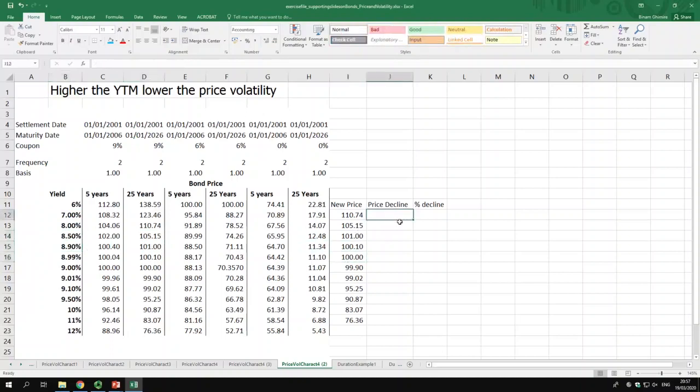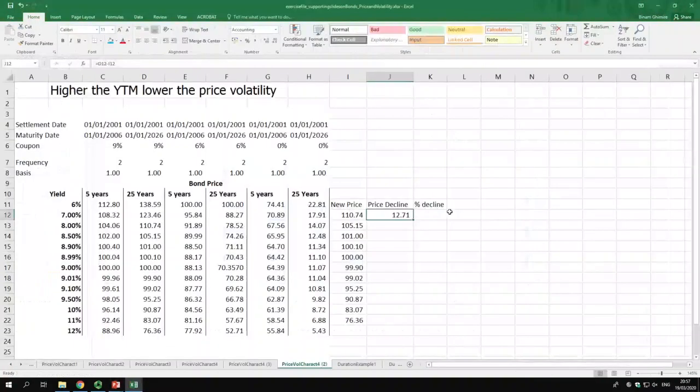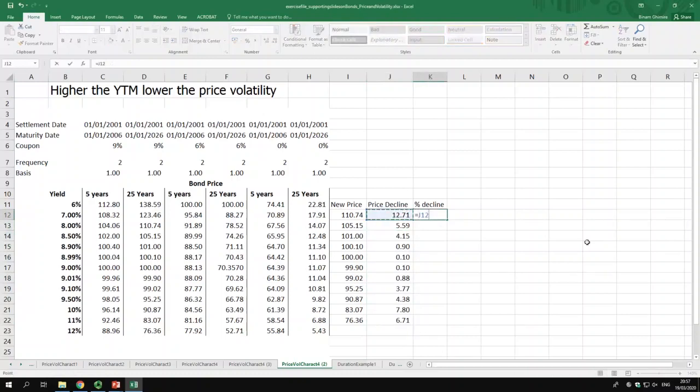Which basically then means you should be able to find out the price decline, which is 123.46 take away 110.74. Such a calculation is shown here, which is this 12.72, 10.74, and 9.13, and so on. So you find them, and you can find the percentage decline, which is 12.71, the difference divided by the original, which is 123.46, which is 0.10299.